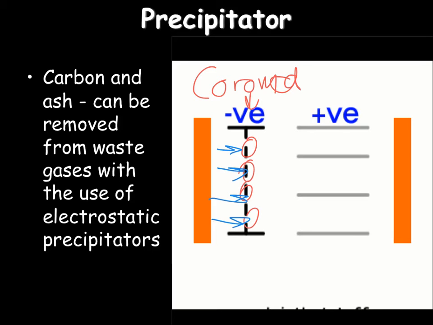After it's gone through the wires, it's all charged negative. And because it's negative, it clings to positive plates, which are placed just after the corona wires. This acts as a scrubber, removing gases, ash, anything from chimneys.